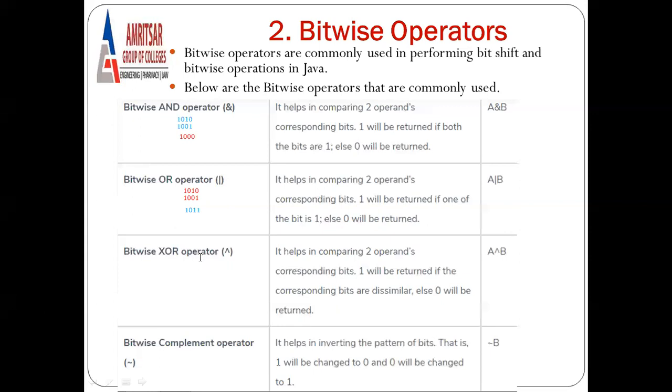So next, the bitwise XOR operator. It helps in comparing the corresponding bits of two operands. One will be returned if the corresponding bits are dissimilar, else zero will be returned. Let us understand this with the same example. We have the values 1010 and 1001. Now we want to perform the XOR operator.